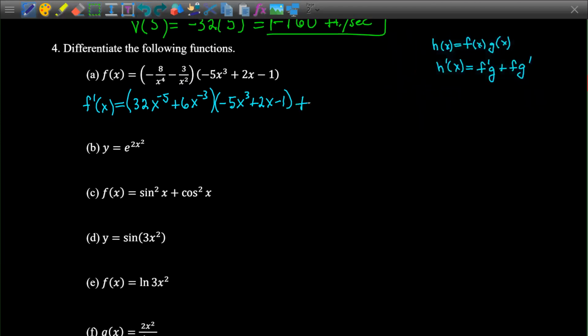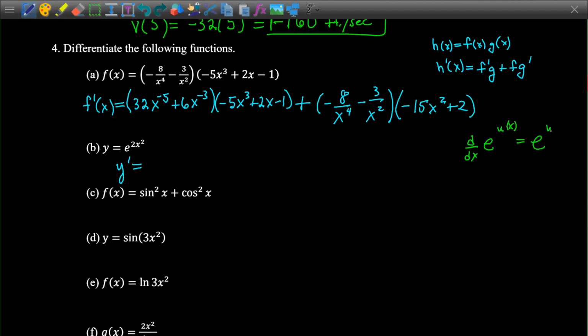So we're going to add on: now we take that first factor, leaving it as it is, and then multiplying it by the derivative of that second factor, minus 15x squared plus 2.